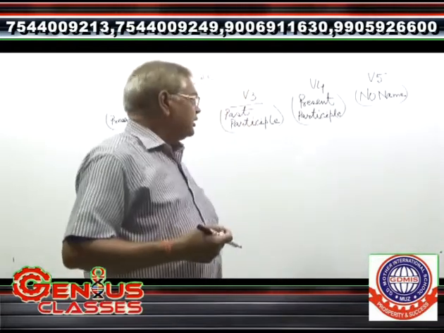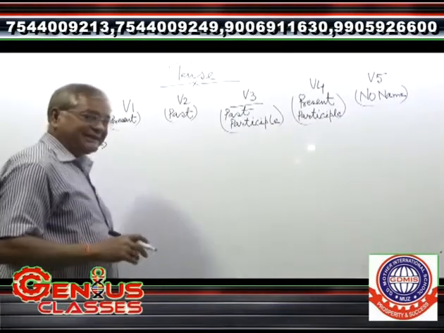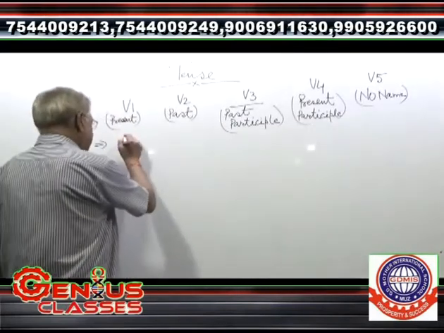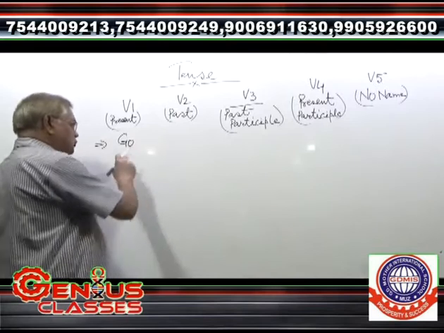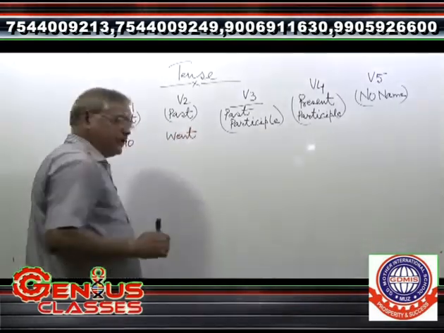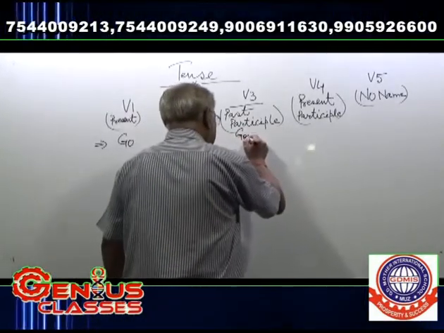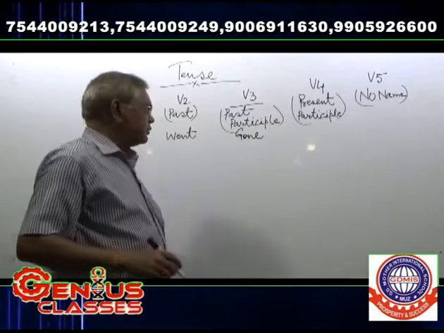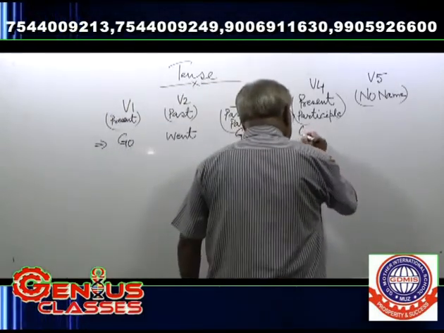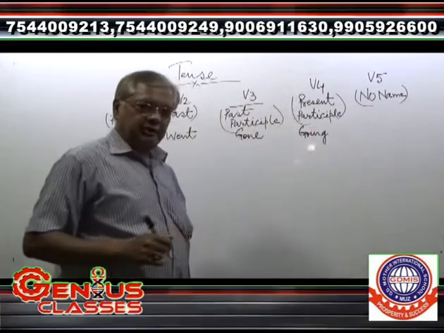Now here is one example I would like to give you. V1, that is the action word, say for example, go. What would be the V2 of it? Went. Then V3, gone. V4, going.